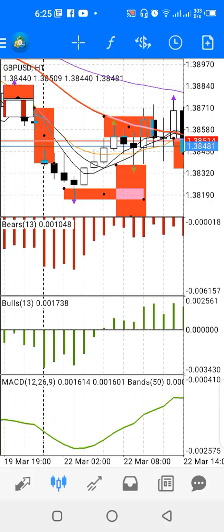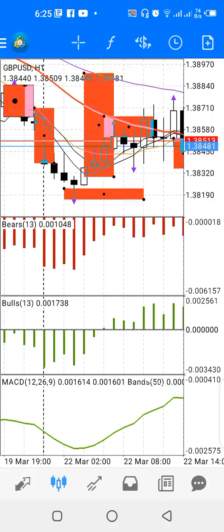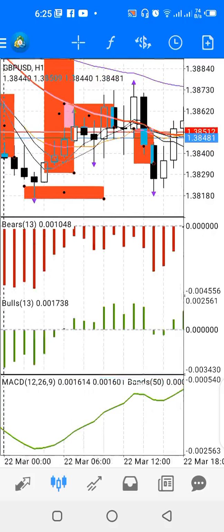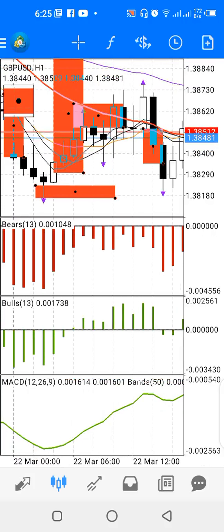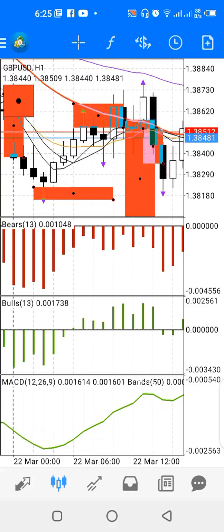When you have your trend change, when all moving averages drop below the blue, you now wait for price to drop below this low.